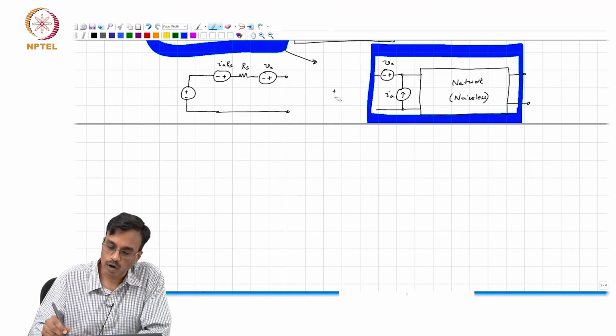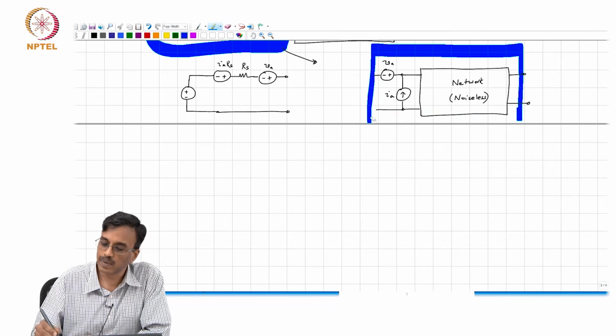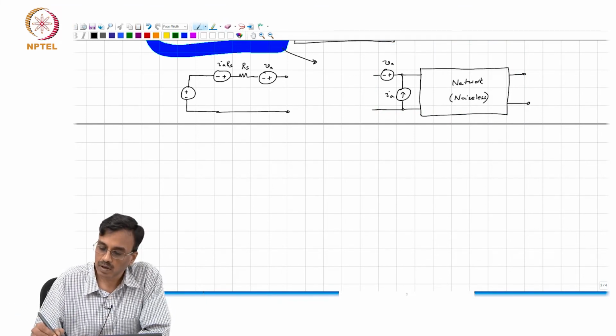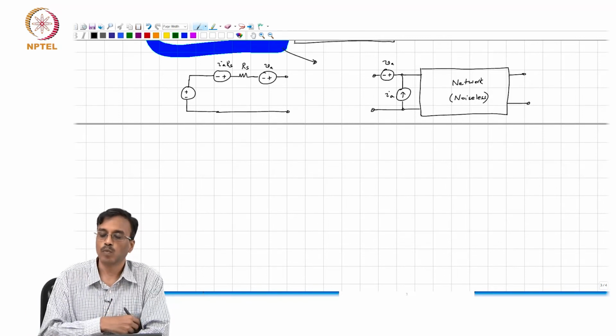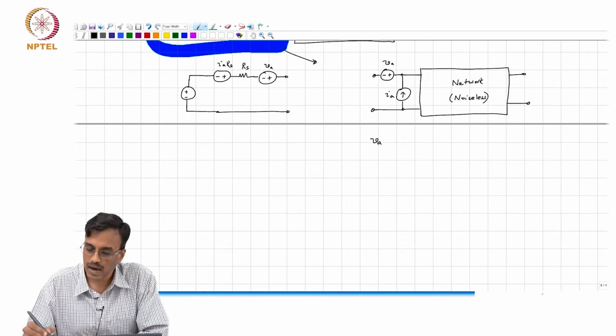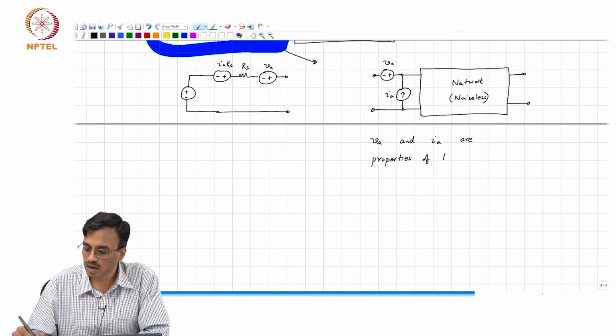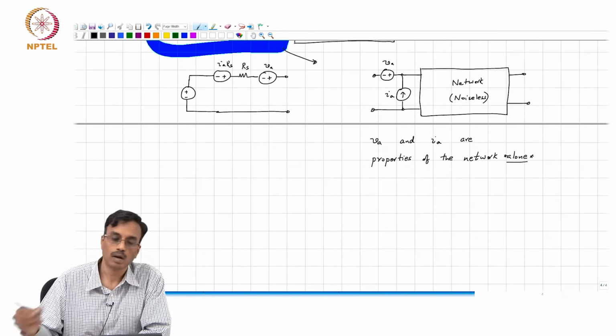And so now this representation is independent of the source resistance, and both Va and Ia are properties of the network alone. All right.